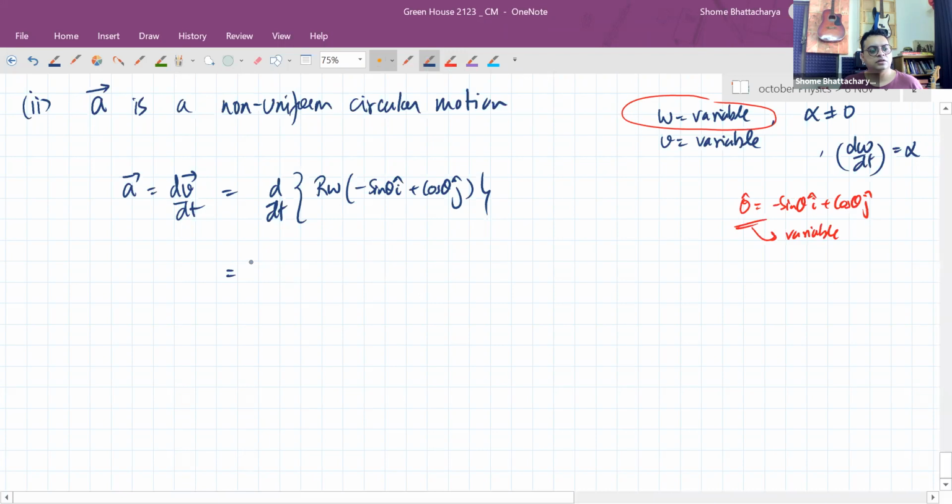So it will become: take the capital R outside, differentiation of first term into second term, plus first term into differentiation of second term.